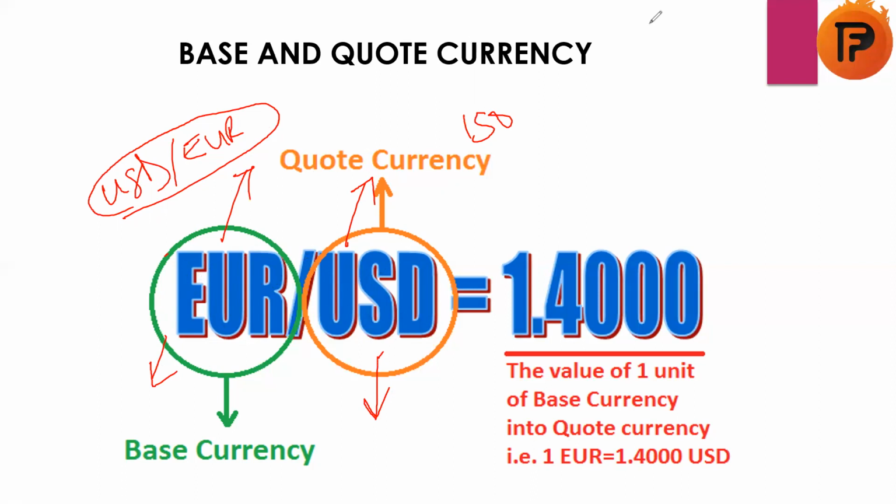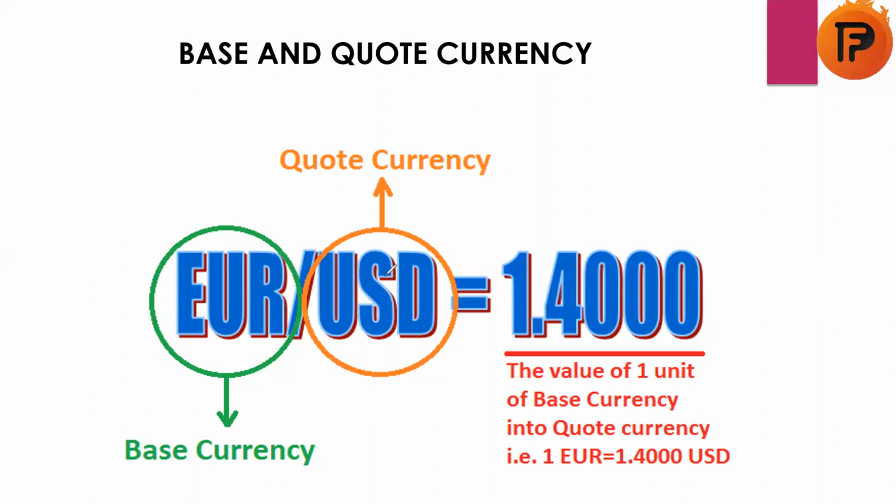Now, another thing you want to know: currency pair quotes are always expressed in units of the quote currency needed to get 1 unit of the base currency. What do I mean? The quote you see here always has a price on your right-hand side. If you open MT4 on your phone or laptop, you see the price there, 1.200, 1.19, like that, it keeps going up and down.